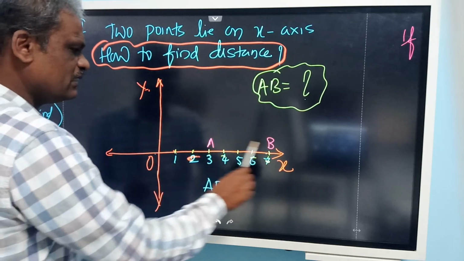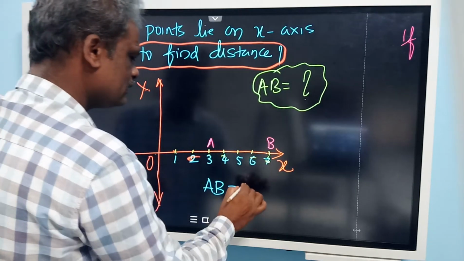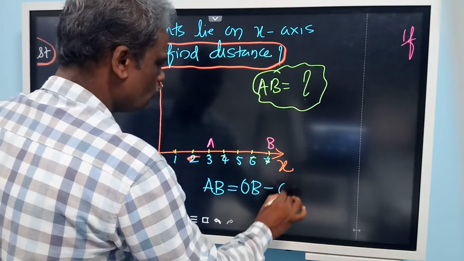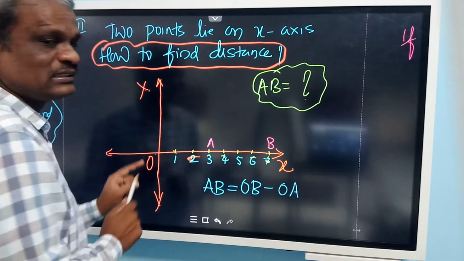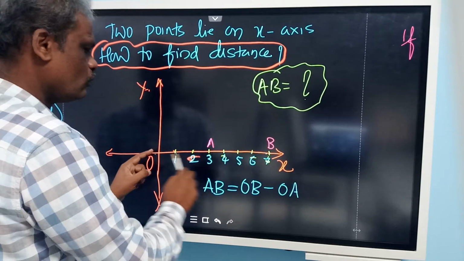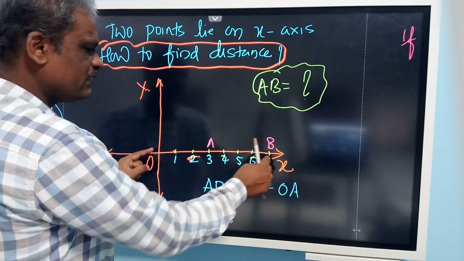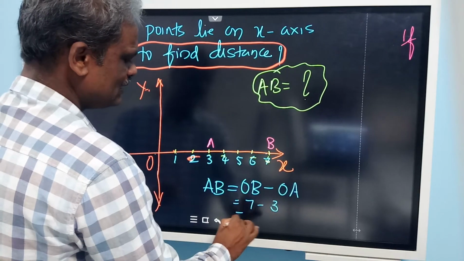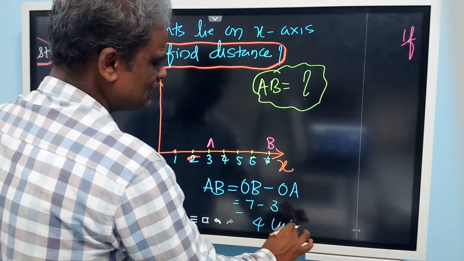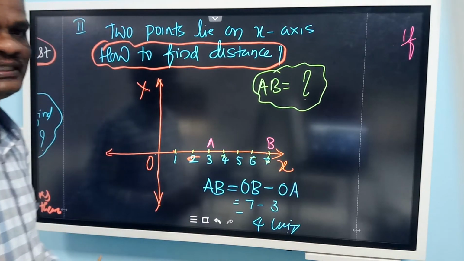So I want to find out the distance AB, which means you call this OB minus OA. OB is the total distance, OA is this distance. Subtract this OA from OB. OB is 7, OA is 3. So 7 minus 3 is 4 units. So the distance between the two places AB is 4 units.